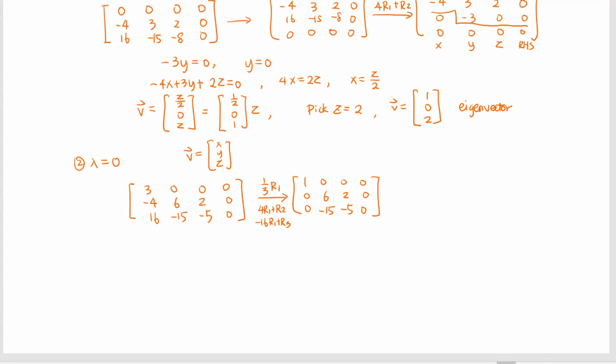6 and minus 15. Let's see, how do we get 1? That's hard, right? Can you see row 3? Row 3, we have a constant multiple of minus 5. So divided by minus 5, row 3, we get 1, 0, 0, 0, 0, 6, 2, 0, 0, 3.